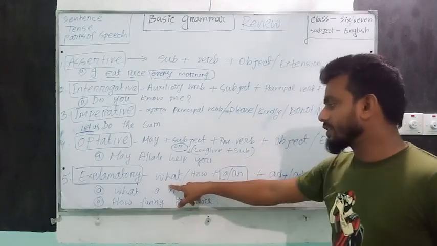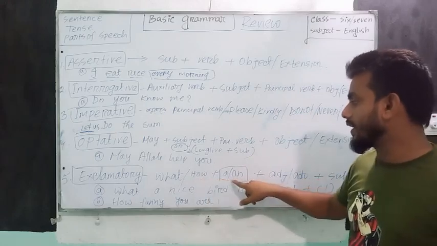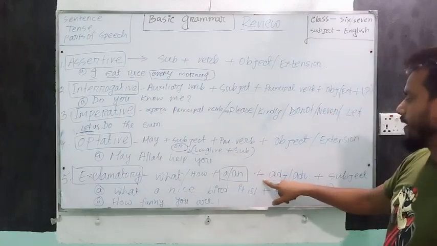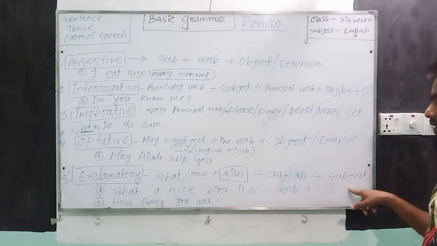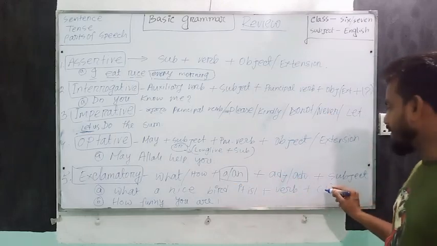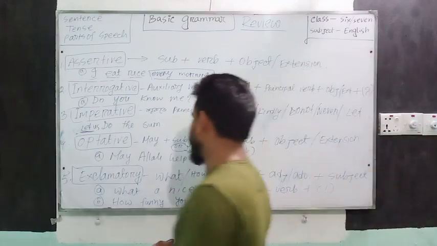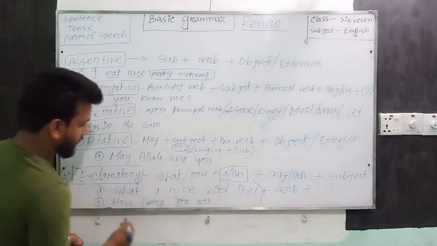Okay, the structure is What or How plus a or an. We take a or an for What, plus adjective or adverb. There can also be object, subject, and finally the verb plus an exclamation mark. For example, What a nice bird it is.